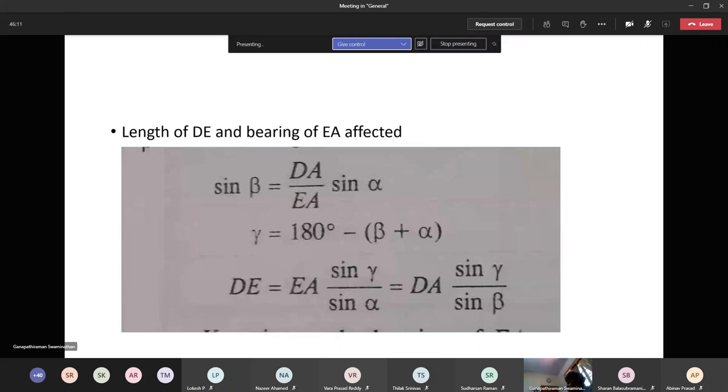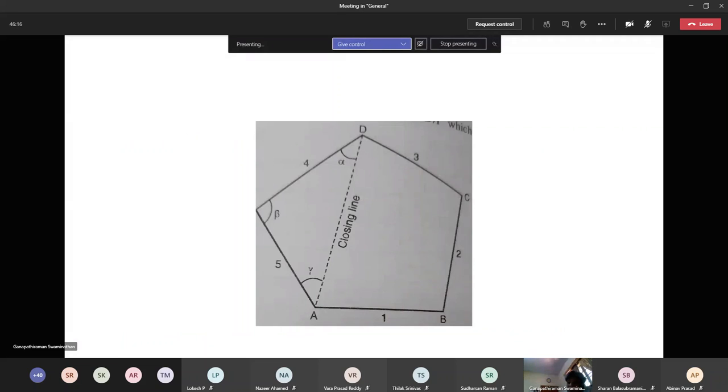Right? Okay, so I'll repeat it again. The length of DE and the bearing of EA are omitted. I know the bearing of DA, so I close the survey, split it into two parts, and join AD, so DA becomes a closing line.